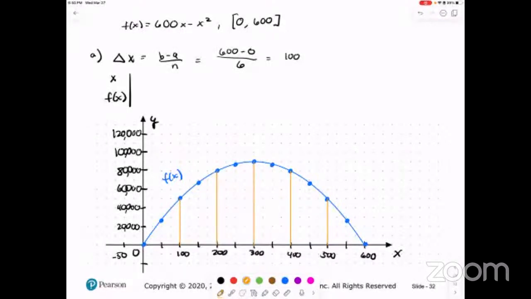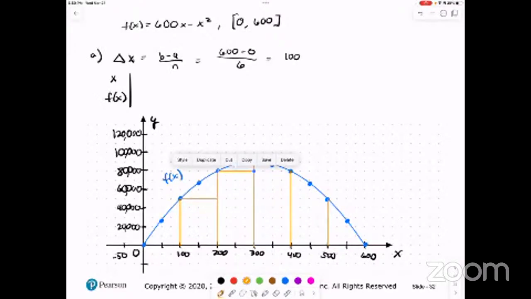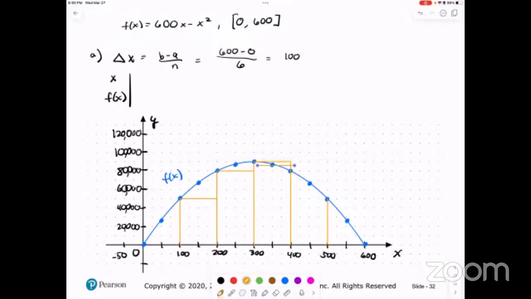So if we use the left endpoint, right? That first rectangle has a height of 0, but then we can create a rectangle here. Right? So let's duplicate. We can create a rectangle here. Duplicate. We can create one here where this kind of extends a bit. Duplicate. We can create one here.